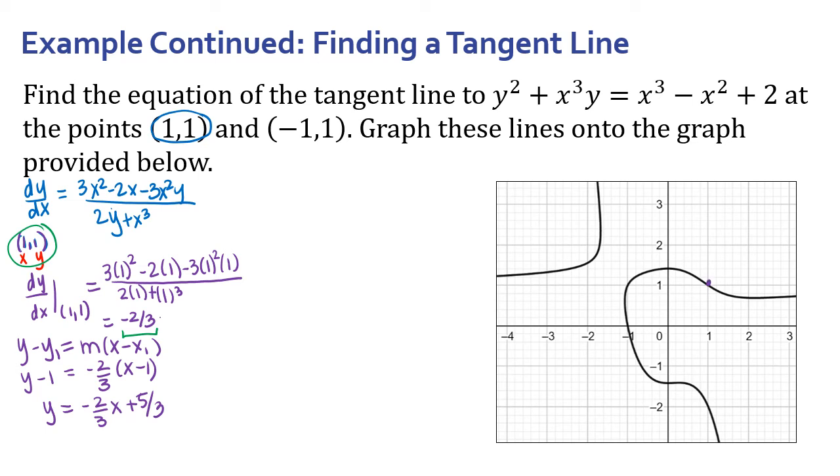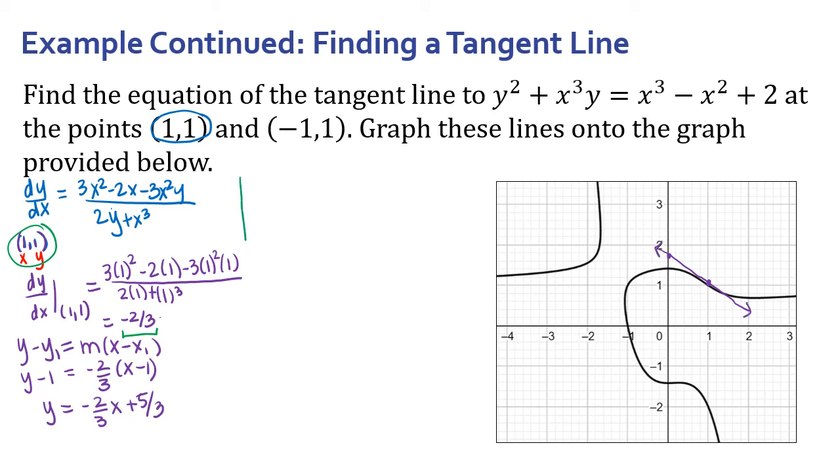We're right here. It looks like our y-intercept is about 1 2/3, because 5/3 is about 1 2/3. So that's going to be about right here. And then you go down 2/3, and we can see it looks like it's basically exactly what it should be for that slope of the tangent.